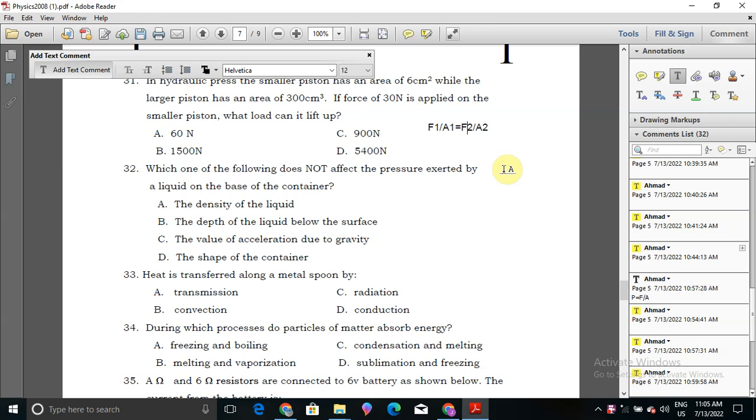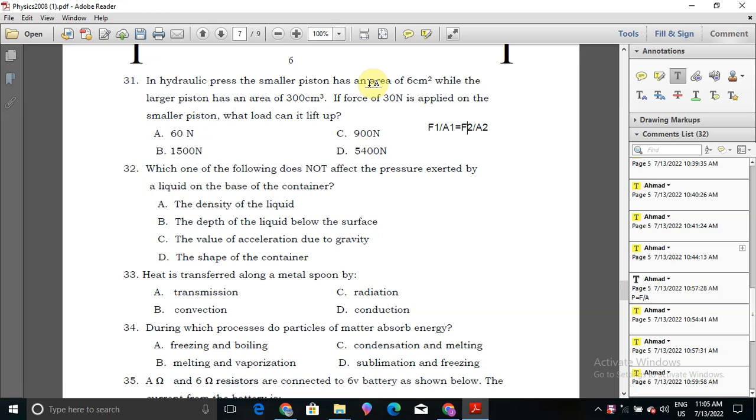Okay, after having the formula, we will place everything. We'll place the numbers in place of their symbols. Like for example, what we have here, the smaller piston has an area, smaller piston, which is F1, an area of 6 centimeters square, while the larger piston has an area of 300 centimeter cube.